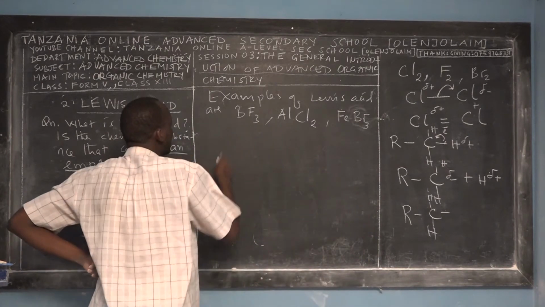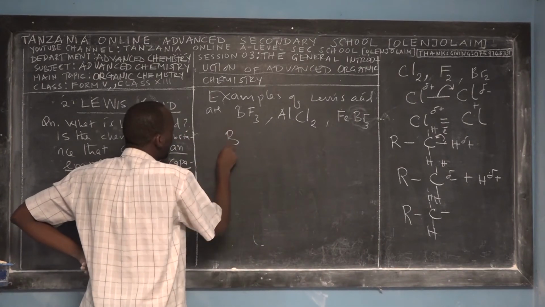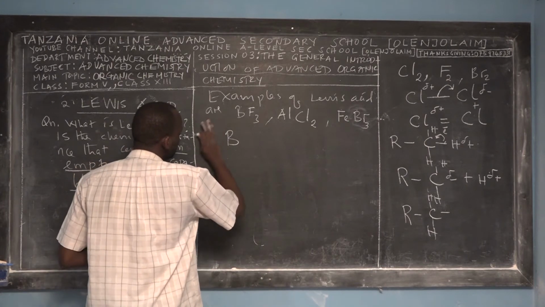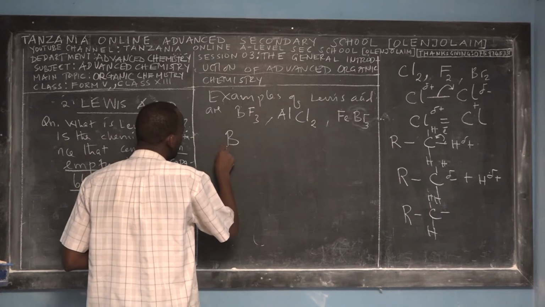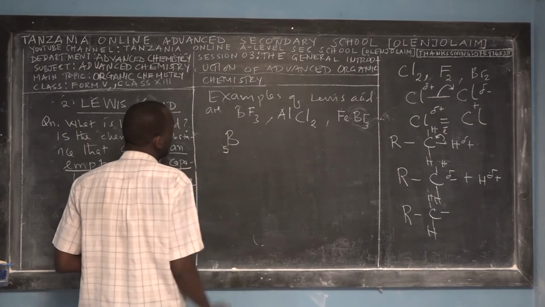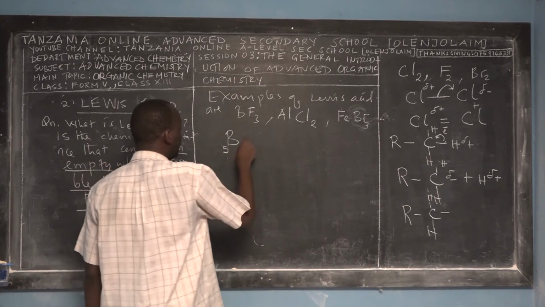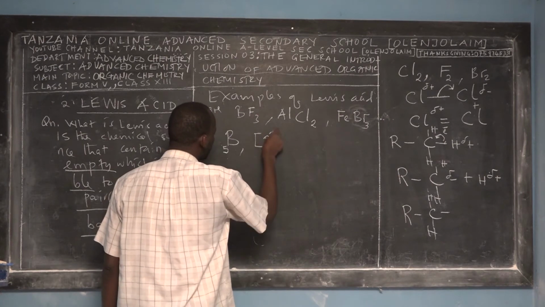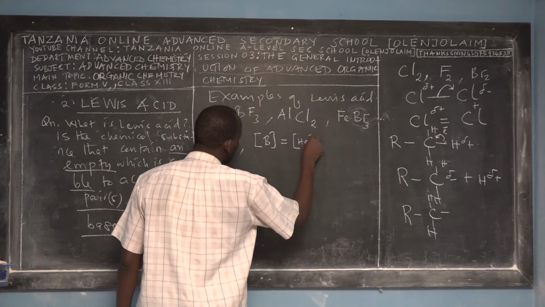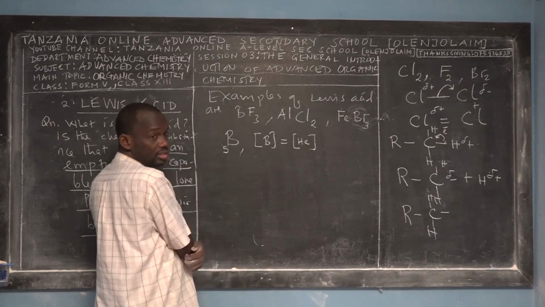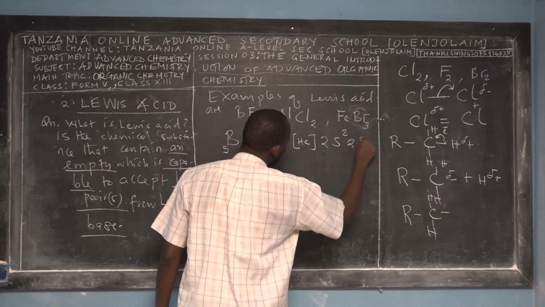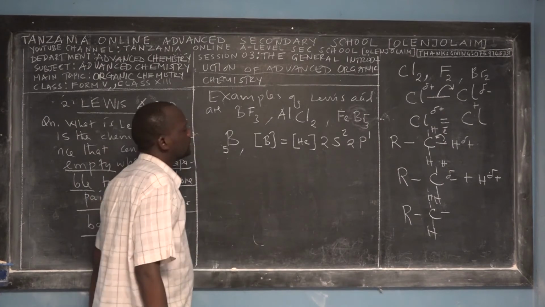So here we have, let's say, boron. In electronic configuration, boron is number 5. So the electronic configuration of boron is 1s2, then 2s2, then 2p1.